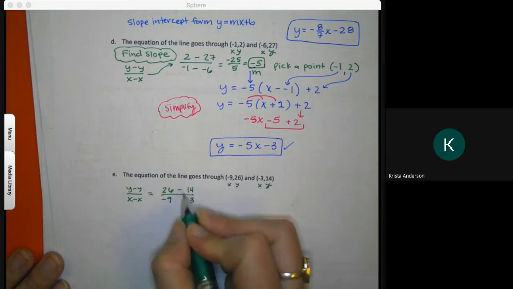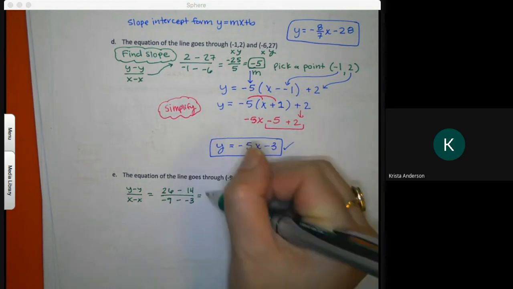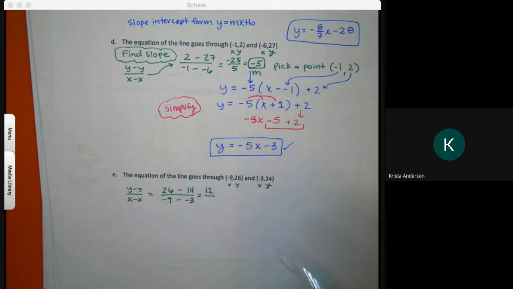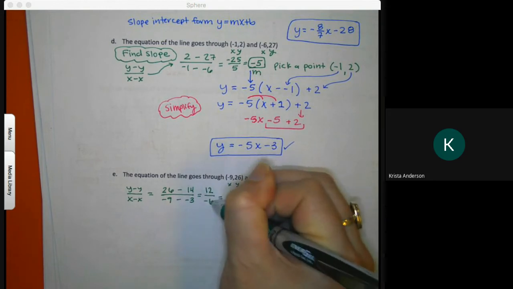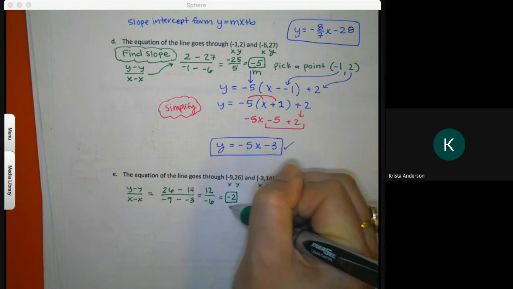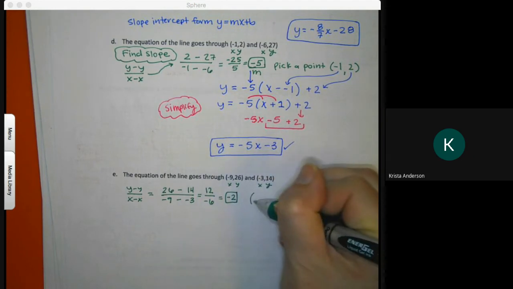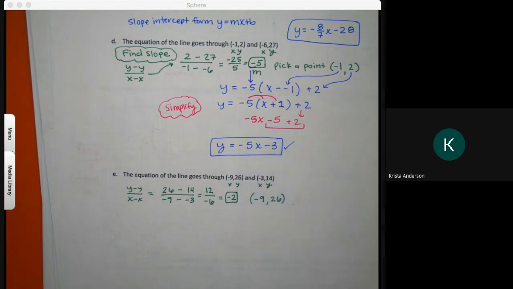I placed my minus signs in. 26 minus 14 gives me 12. -9 plus 3 would give me -6. 12 divided by -6 is -2. Then I'm going to pick a point. I'm just going to pick the first point again and substitute it in.